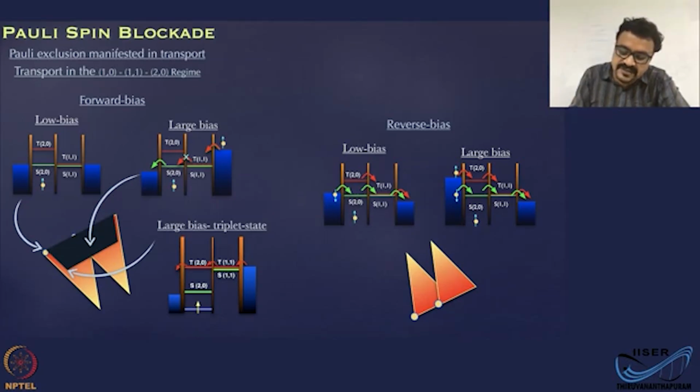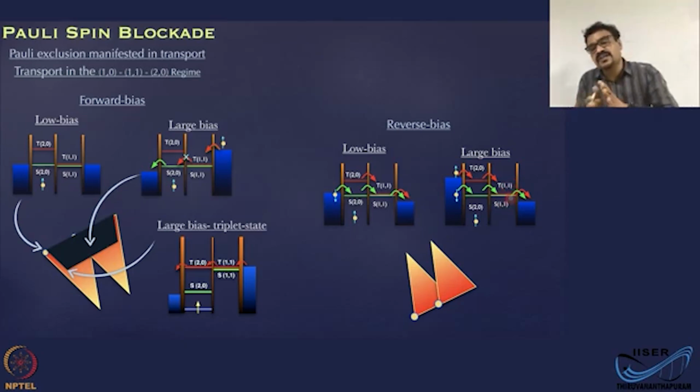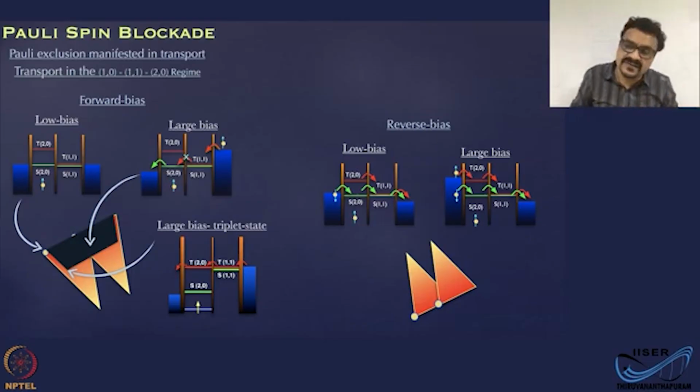And when you increase the bias, the spin down electron can go to the S20 channel, and the spin up electron can go to the T20 channel. So you have both spin up and spin down electrons participating in the transport. In either case, the transport is not blocked by the second dot, as in the forward bias case, because in the second dot, both T11 and S11 states are very close in energy, both are always available to receive electrons coming from the left side.